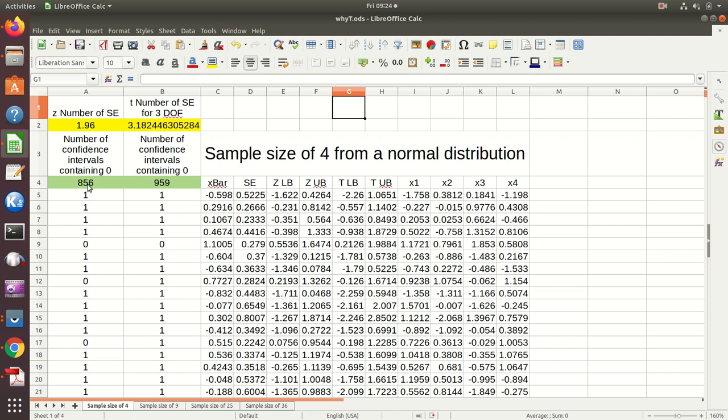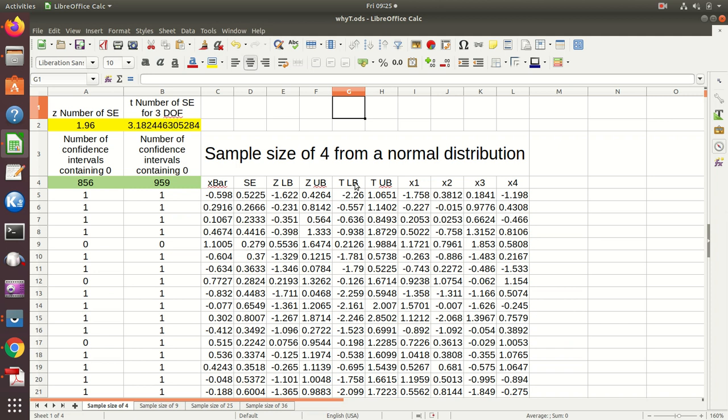So what I did then was I changed the 1.96 to this number, 3.18 something or other. This is the number of standard errors I should use if I have a sample size of 4. The way we designate that is a t-distribution with 3 degrees of freedom.